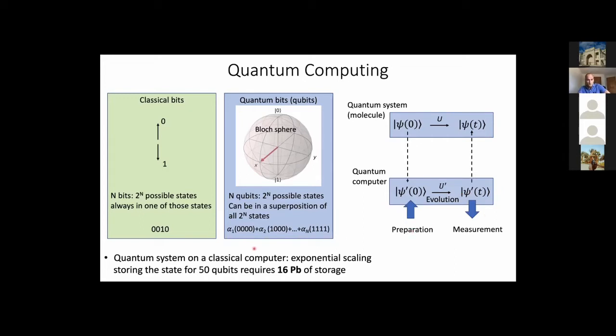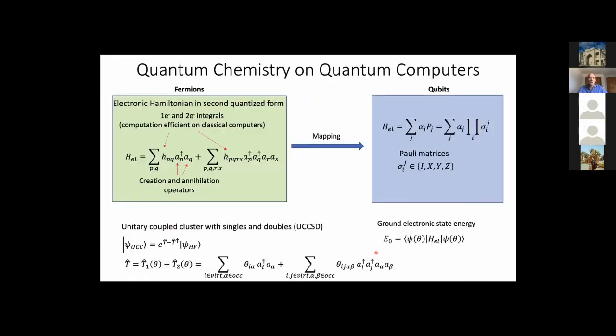And this has a potential of solving problems that are intractable on classical computers, because, for example, to simulate a 50 qubit system requires 16 petabytes of storage just to store the amplitudes. So, quantum chemistry and quantum computers.